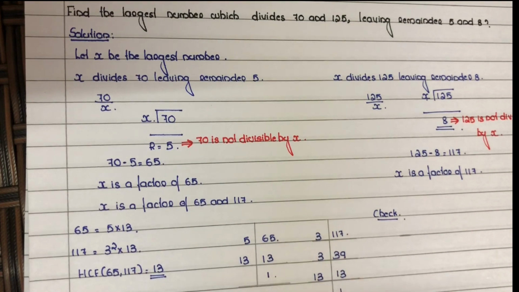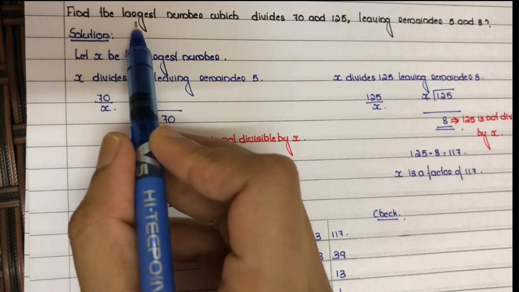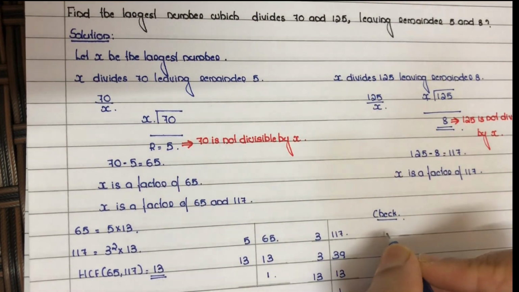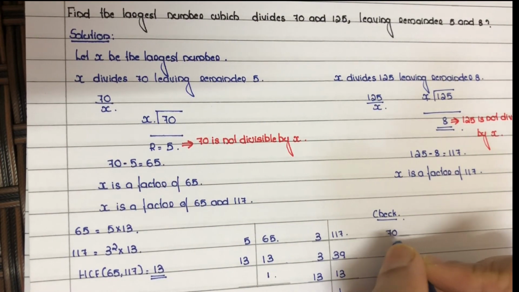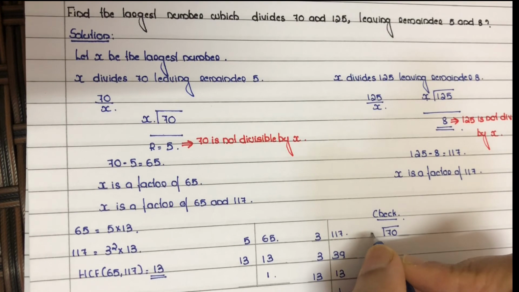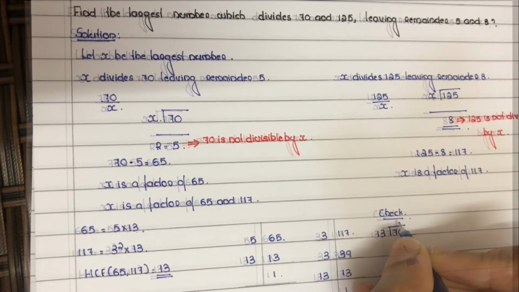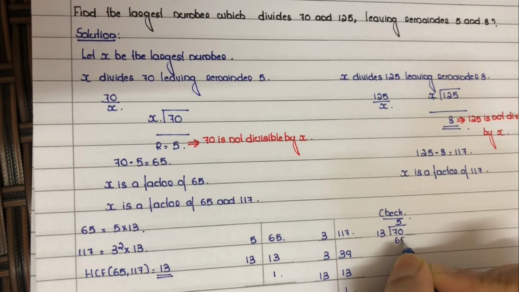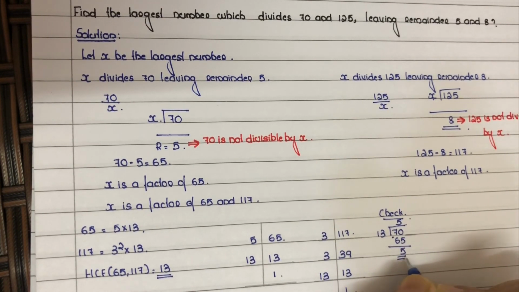Now we can check it, okay. It is given that the largest number which divides 70 and 125. So 70 divided by, here x is 13. 13 times 5 is 65, 70 minus 65, 5. Okay.